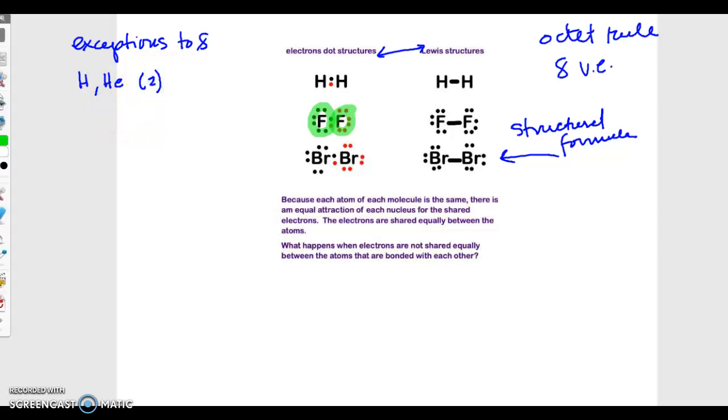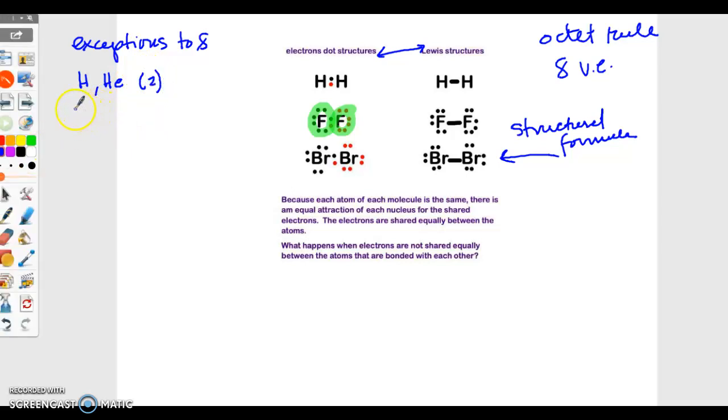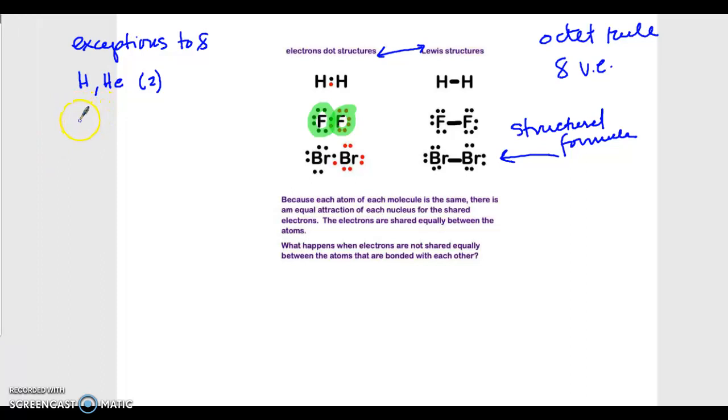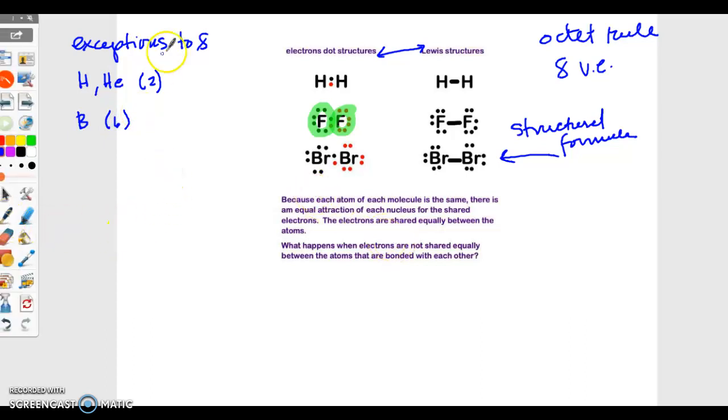They can accommodate 2 and no more than that. Another exception that we have not spoken about is boron. Boron is atomic number 5, and it can hold 6 electrons. So it is also an exception to the octet rule, where it fills with 6.